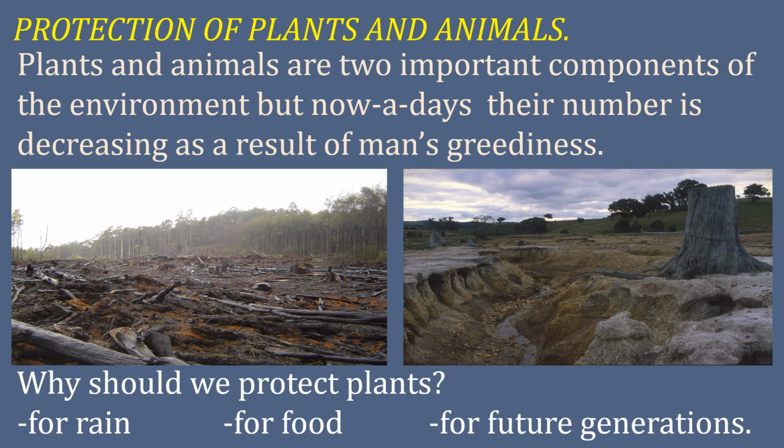And tree is also a good resource, a good living thing, and it helps us by giving oxygen. If there is no tree, there is no oxygen. So for the future generation, we have to save trees for our living. Without oxygen we can't live, so it is important to protect the trees.